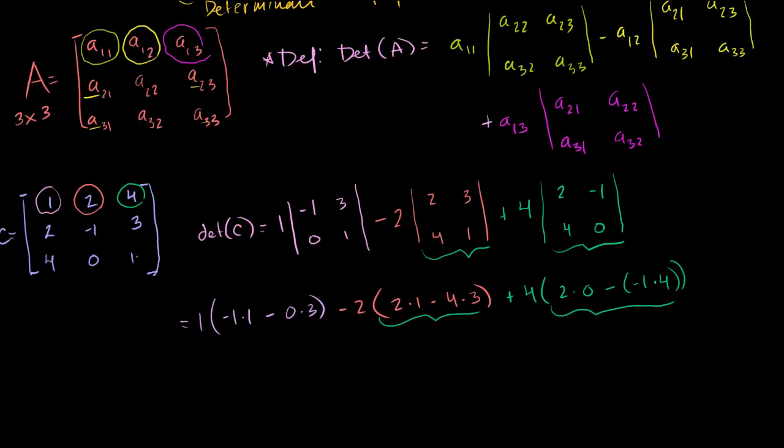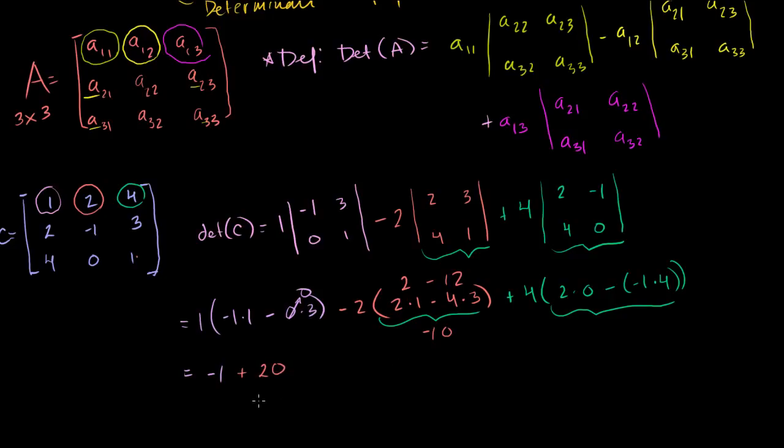And if we compute this, -1 times 1 is -1, minus 0, so that's a -1. And then what is this equal to? This right here is 12, so you get 2 minus 12, which is -10. And then you have a -10 times a -2, so that becomes a plus 20.